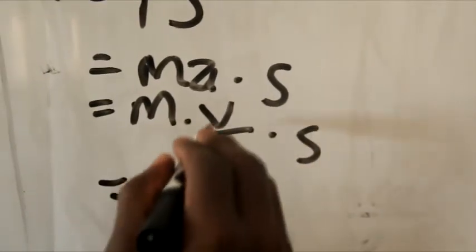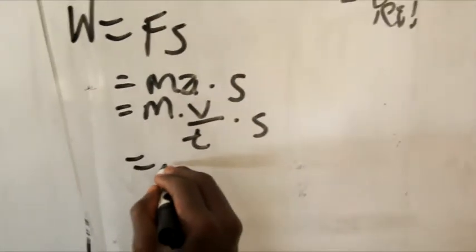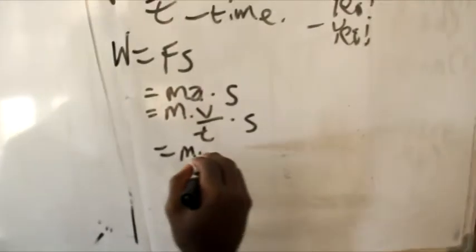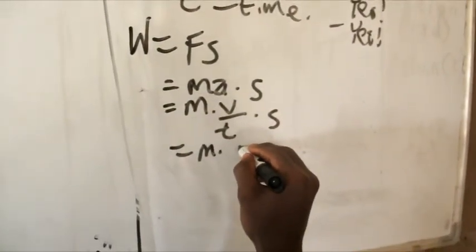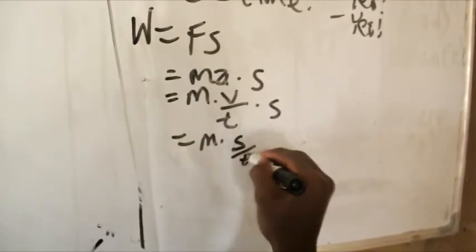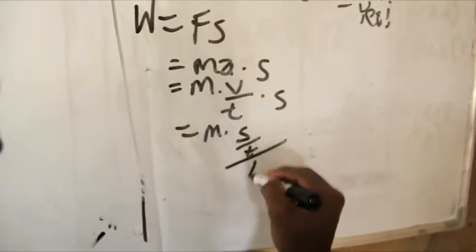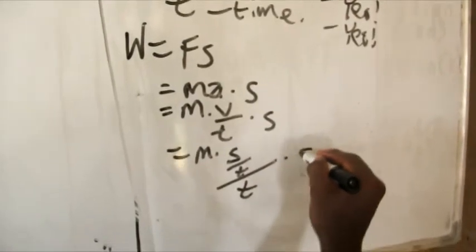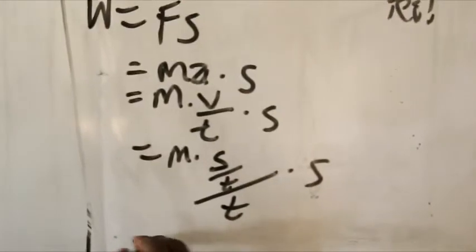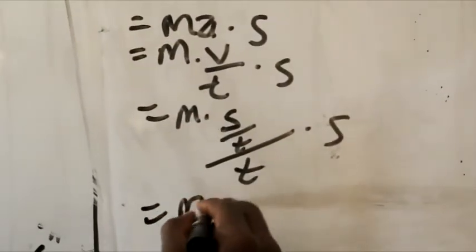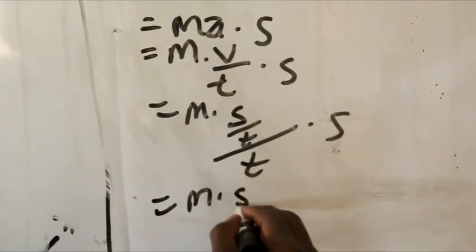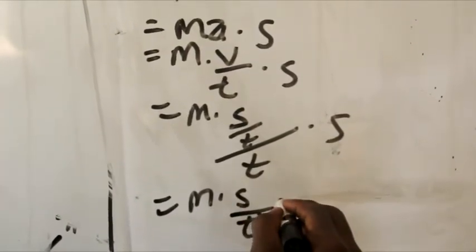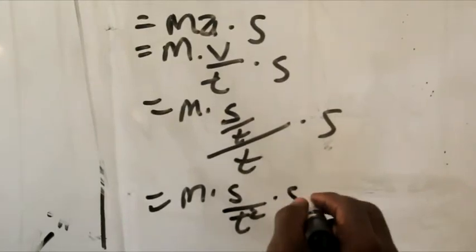So we break down velocity further and say that velocity itself is distance over time, right? So distance still comes in here, right? So mass times distance over time divided by time is distance over time squared multiplied by distance, right?